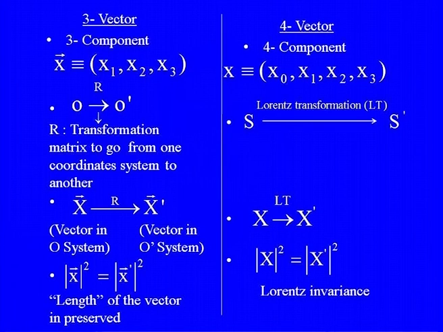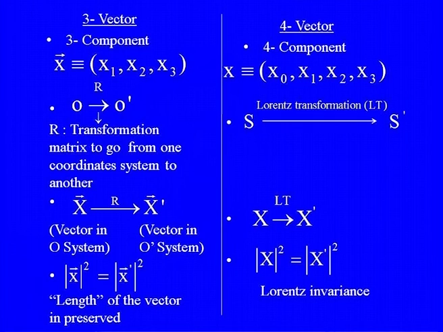So, it is the same Lorentz transformation which is going to transform the components of the 4 vector in S frame to the components of the 4 vector in the S prime frame, just like the transformation matrix R transforms the components of the vector x in O system to the components of the vector x prime in the O prime system.